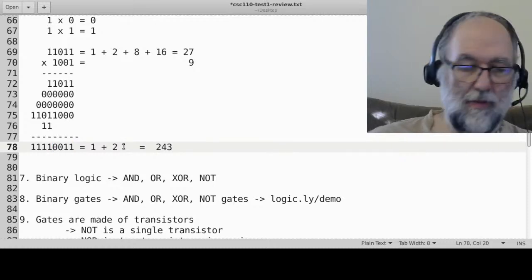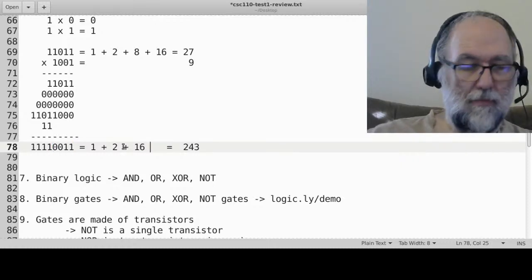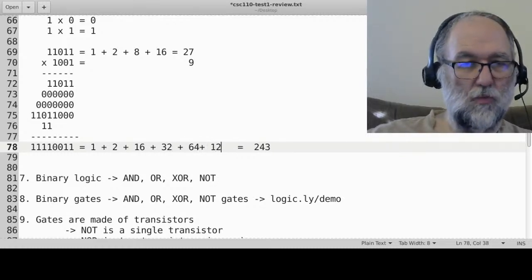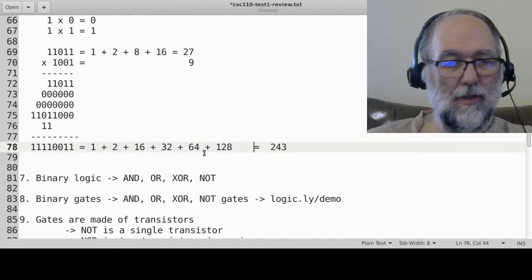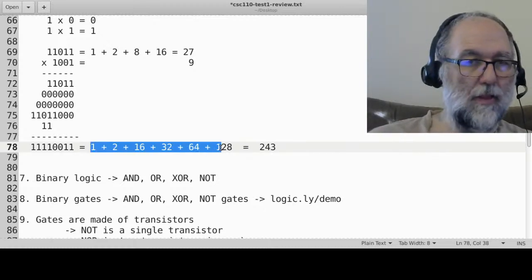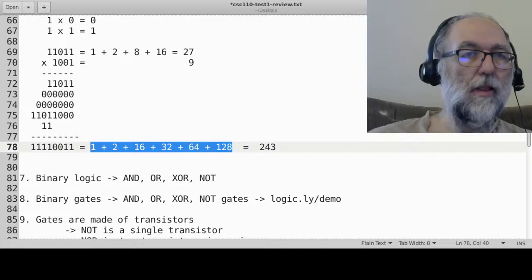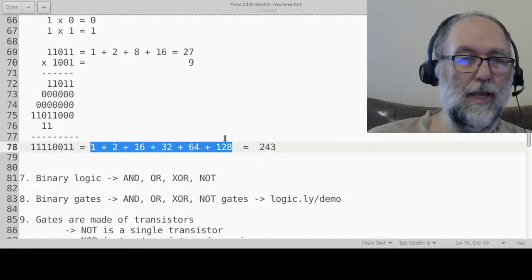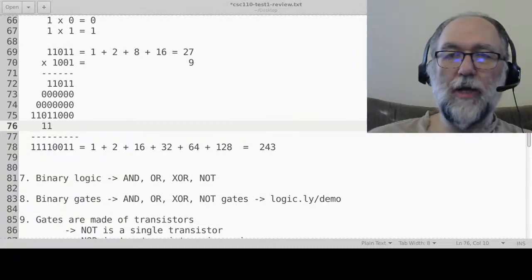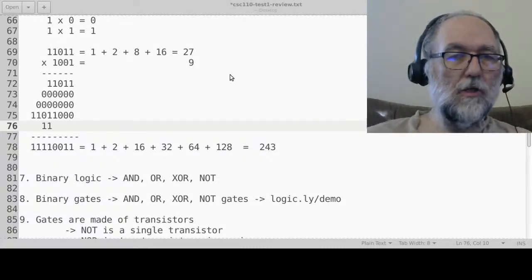So it starts with 16 plus 16 plus 32 plus 64 plus 128. All right, and that looks right. Let me just check on the calculator. Yep, it is 243. Okay, good. All right, so there you go.